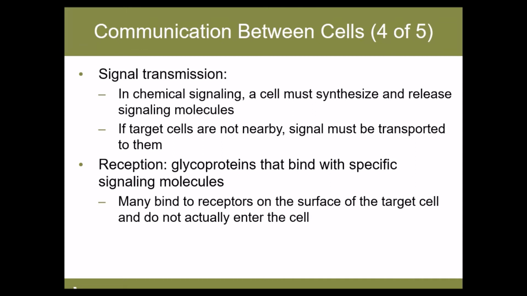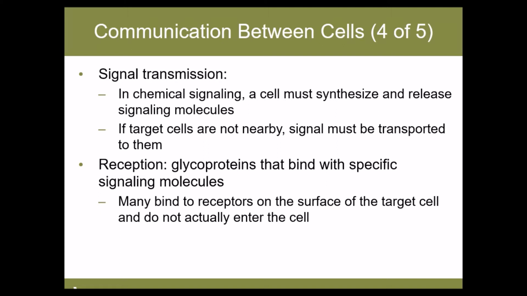Hormones are chemical signals that are produced by a type of gland cell. They get released, and then they have a target cell, usually close by. If it's not close by, then it has to be transported. And again, for the human body, those signals must be transported through the blood.